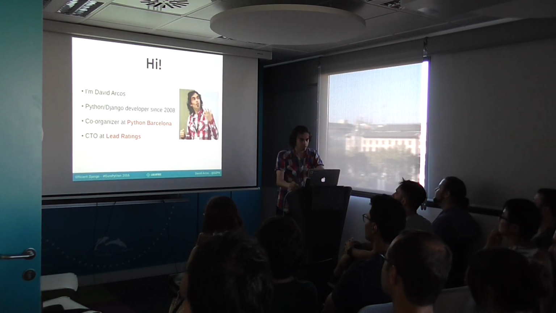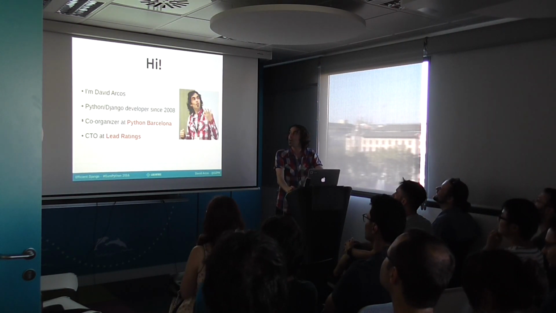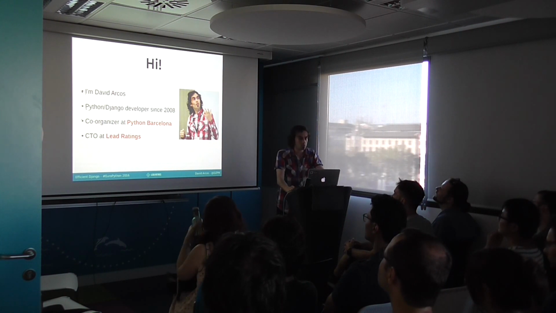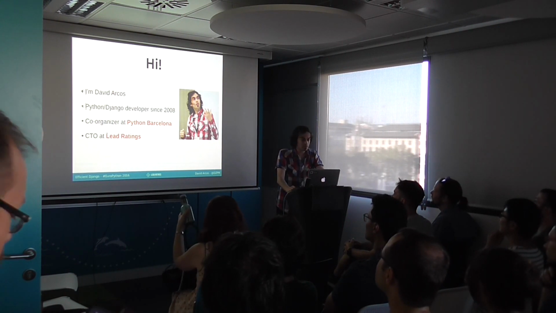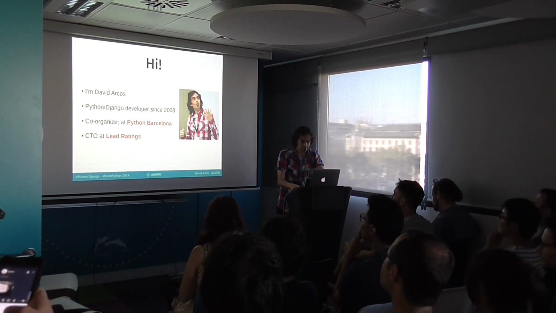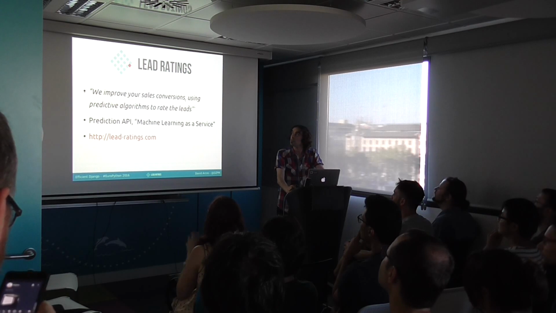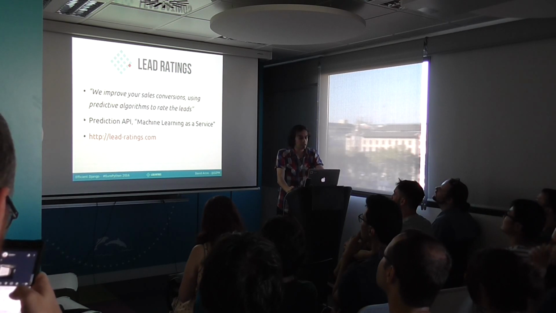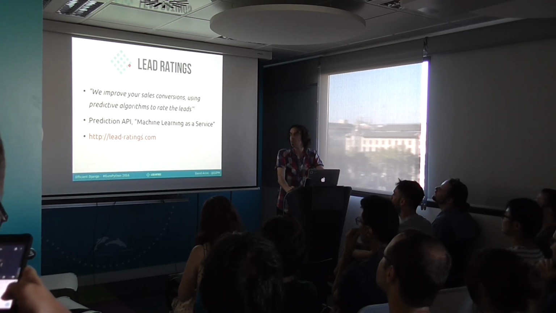Spoiler. So this is me, I'm David, I'm a Python and Django developer since a lot. I'm co-organizer at the Python Barcelona Meetup, this meetup, so maybe you remember me from other talks. And I'm CTO at Lead Ratings, a startup in Barcelona, and we do machine learning as a service.